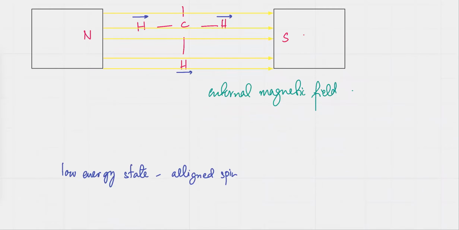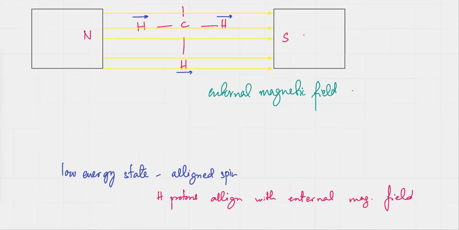So basically all your hydrogen protons are aligning with the powerful external magnetic field. The nucleus of the hydrogen atom is known as the proton because there's only one proton in it. So that's our low energy state.